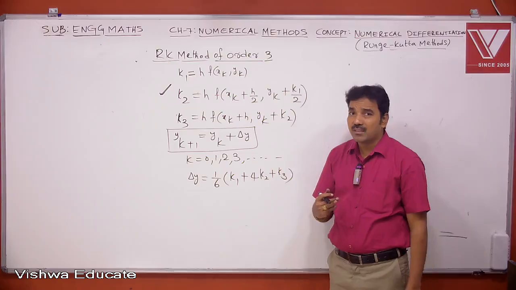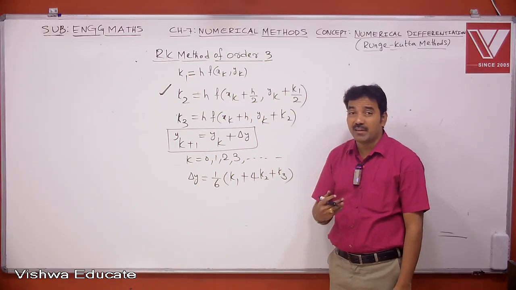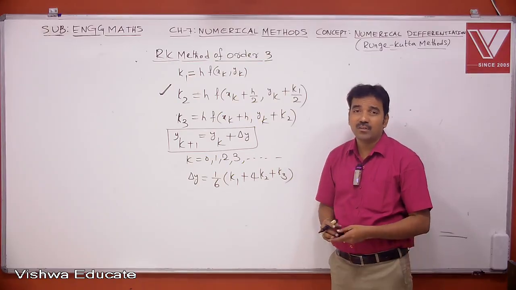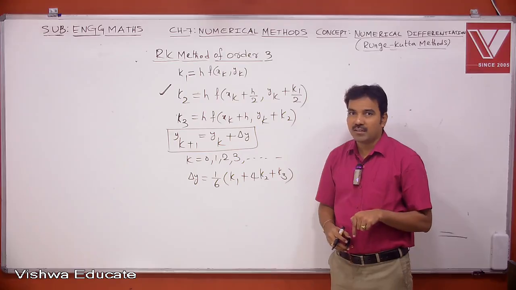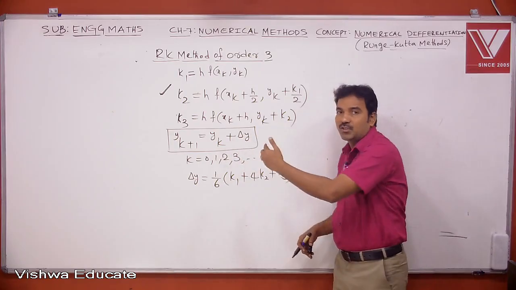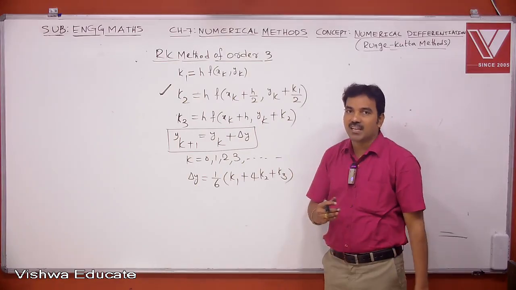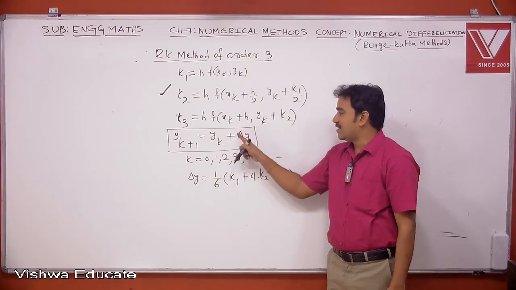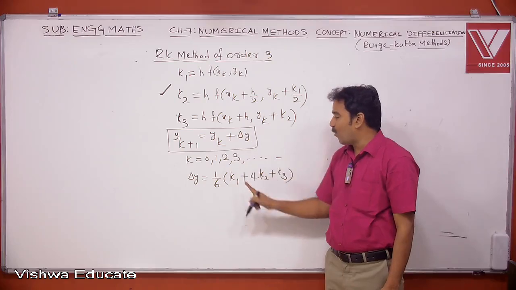So sometimes in the examination they may ask you the increment in y value using the Runge-Kutta method of order 3. They may use the notation k. So this increment is nothing but this delta y. Instead of asking y3, they may ask you the increment in the third iteration. So this is the increment value, delta y. You need to find only delta y.